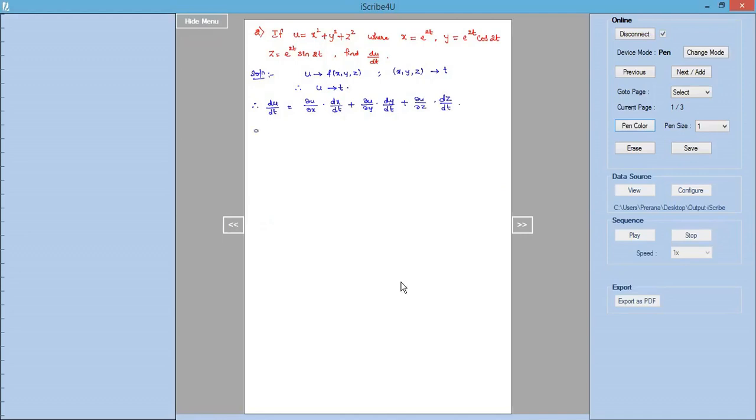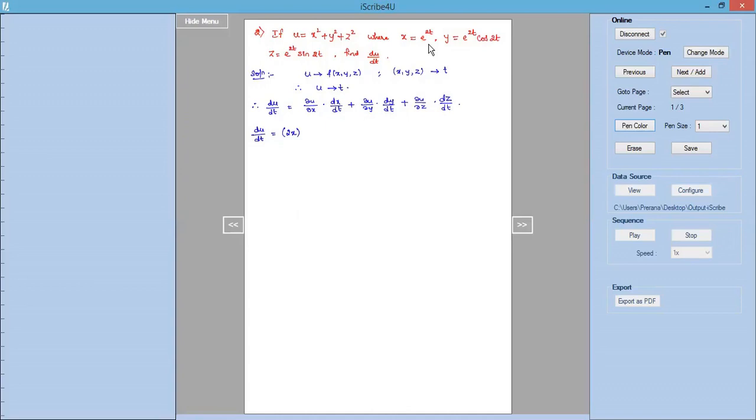Here I will directly write down all the total derivatives and the partial derivatives required in the RHS. So dou u by dou x. Looking into u, partial differentiation with respect to x gives us 2x into dx by dt. Looking into x is equal to e power 2t, we can write down dx by dt as 2 e power 2t.